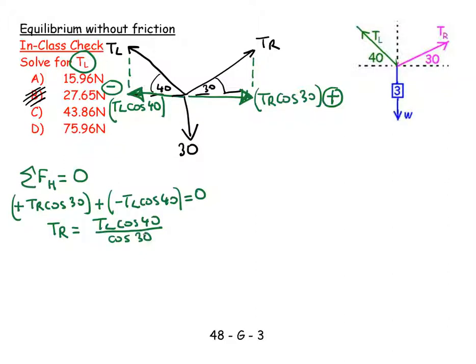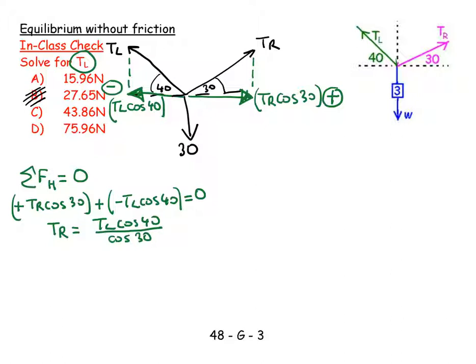Some people like to leave these things as trigonometric functions, and other people like to turn these things into numerical values as quickly as possible. If you do, make sure you leave yourself I'd say 3 or 4 decimal places so that you don't get a rounding error that you could avoid.